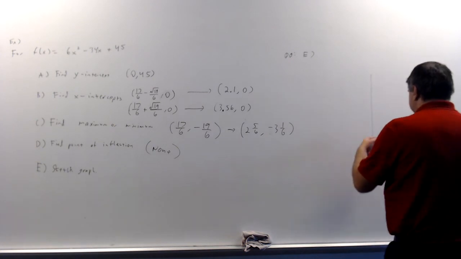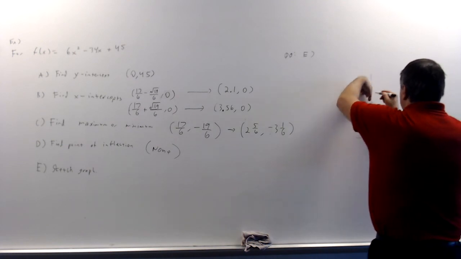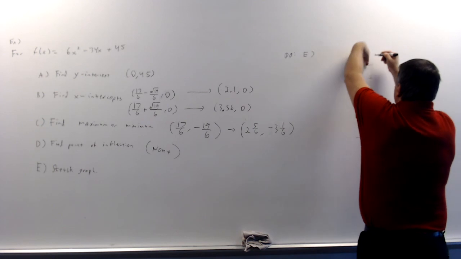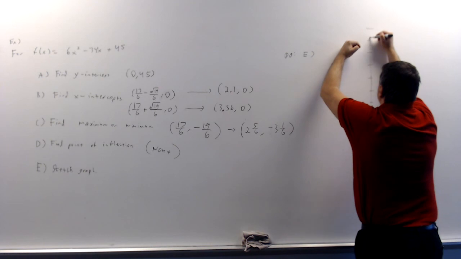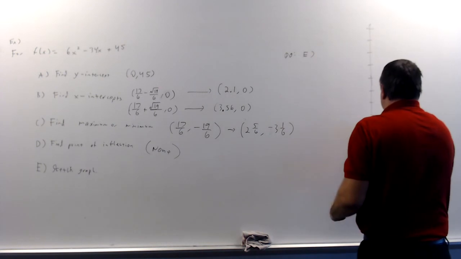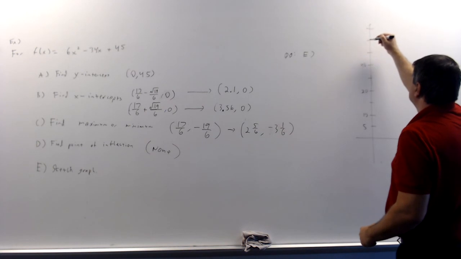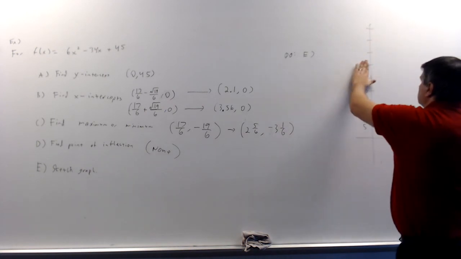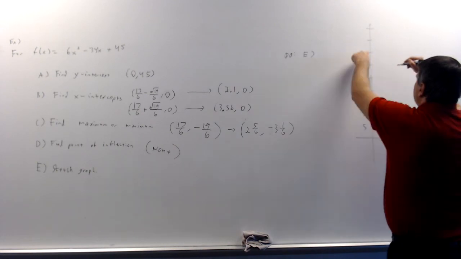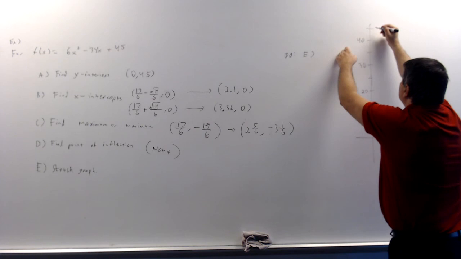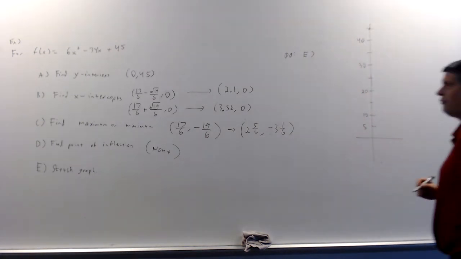So 5, 10, 15, 20, 25, 30, 35, 40, 45. So we know the y-intercept is 0, 45.